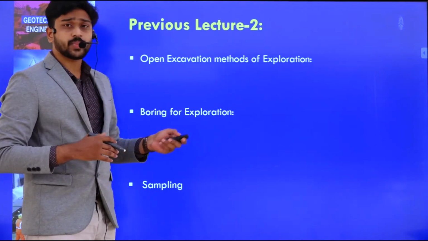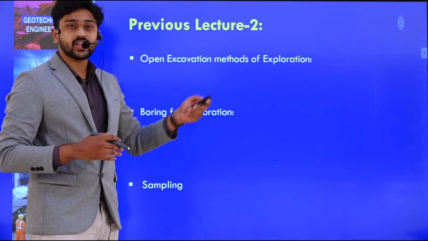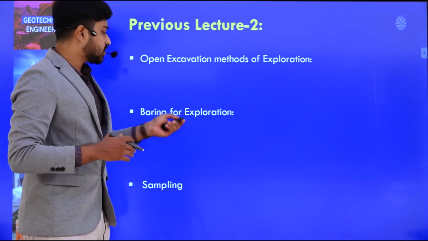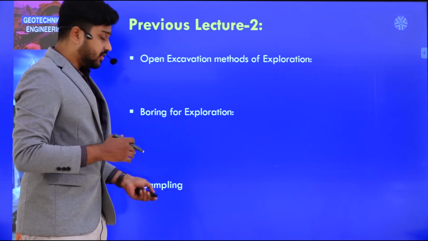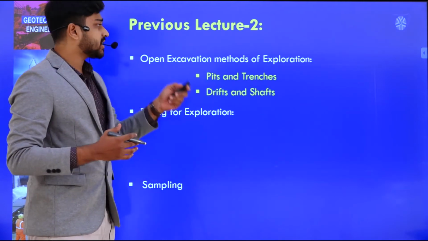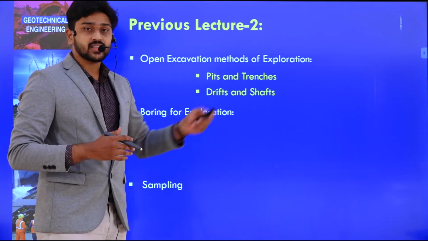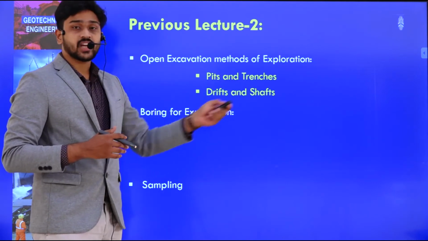Coming to the previous lecture, we initially understood the open excavation methods, then what we mean by boring, and then what we mean by sampling. In open excavation methods, we understood the different types: pits and trenches, and drifts and shafts.